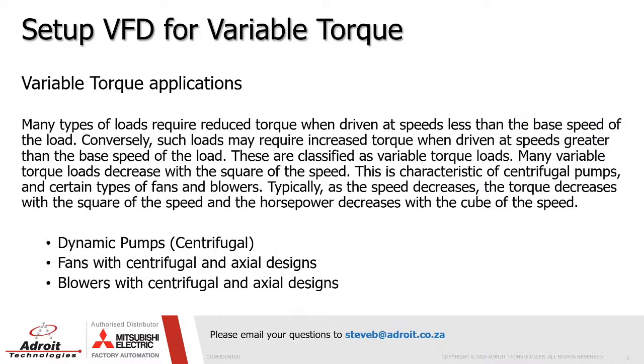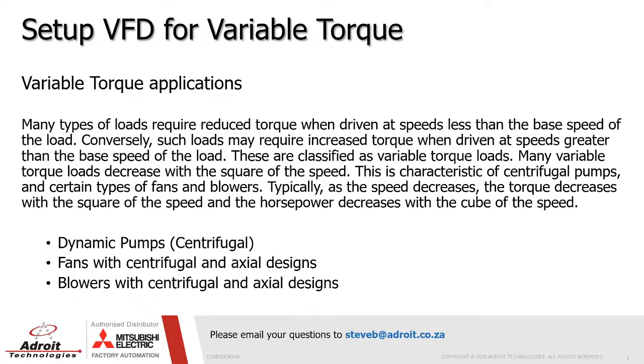Now, a variable torque application is mainly centrifugal pumps, centrifugal fans, or blowers. A variable torque application is when your torque varies according to the speed of the application. Many types of loads require reduced torque when driven at speeds less than the base speed of the load.